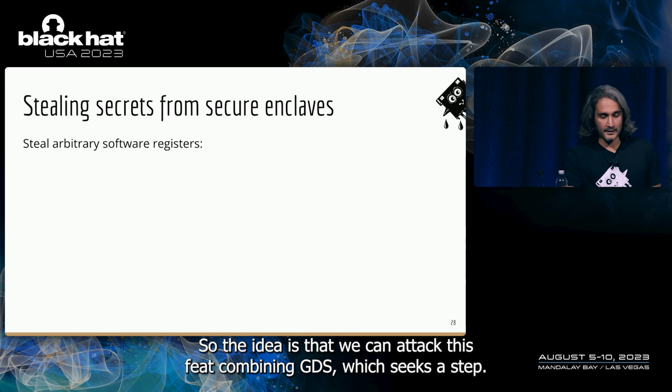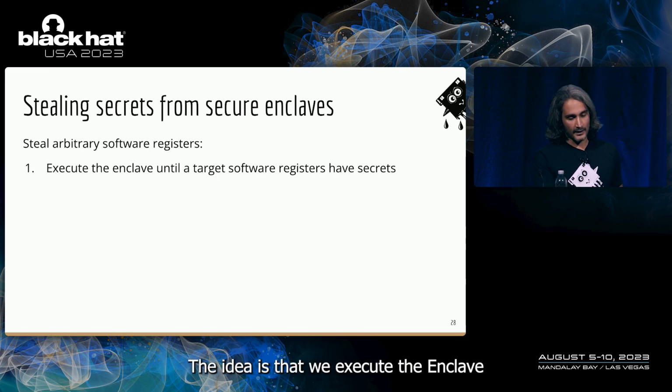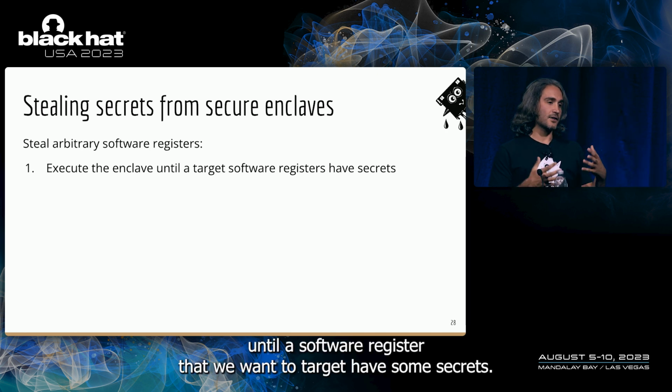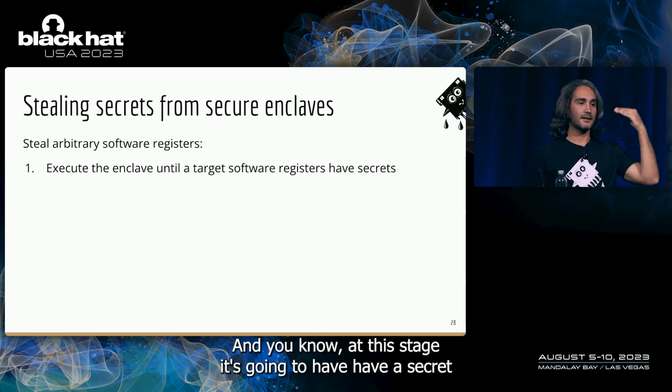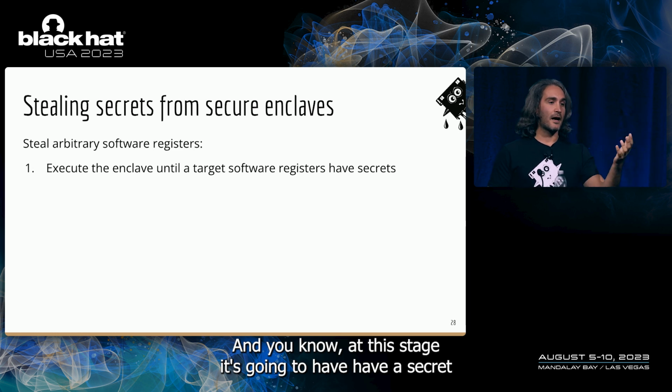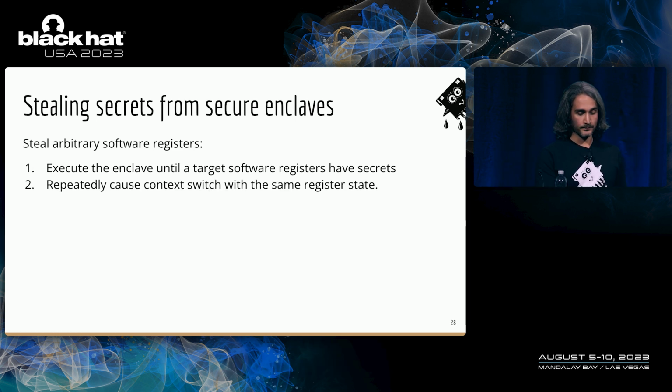So the idea is that we can attack this by combining GDS with SGX-Step. We execute the enclave until a software register that we want to target holds some secret. Imagine you know the binary layout of a program, and you know that at this stage it's going to have a secret that you want to steal.